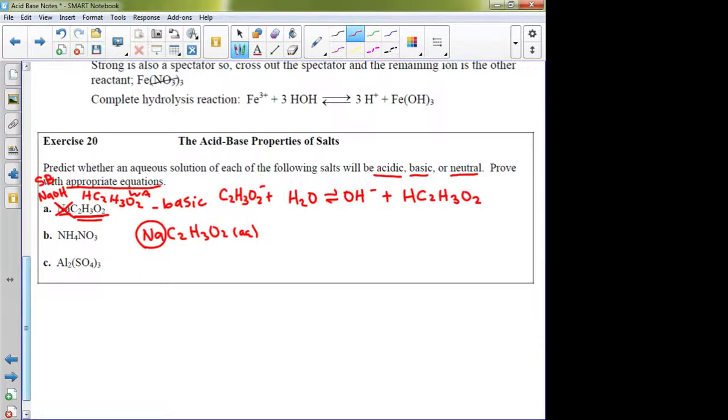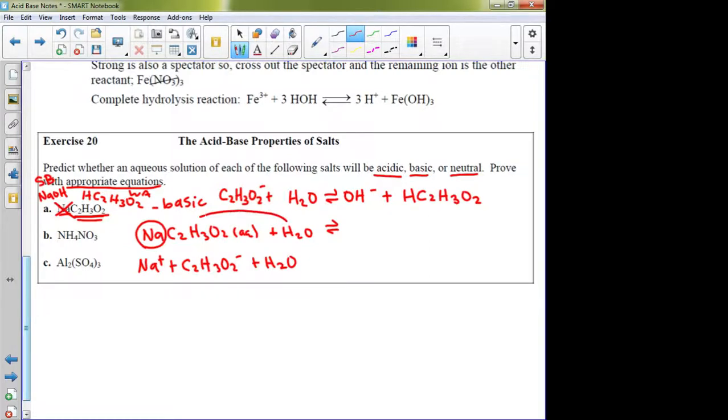So as soon as I put this in water, it's going to become Na positive plus C2H3O2 negative plus H2O. It broke apart because it's aqueous. Remember doing this? Okay.